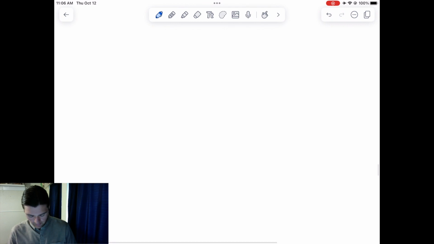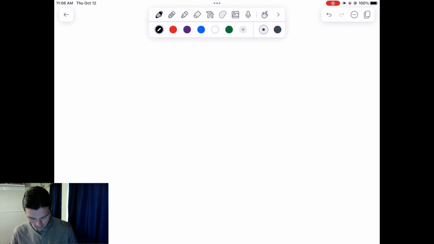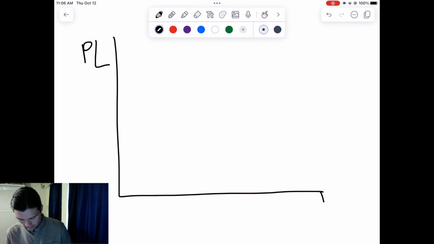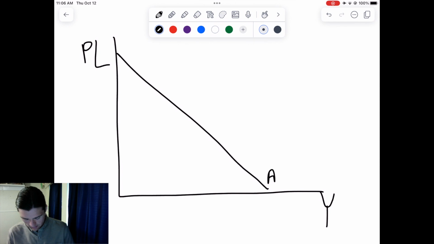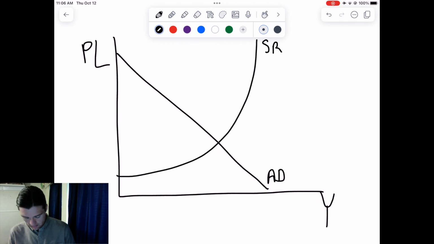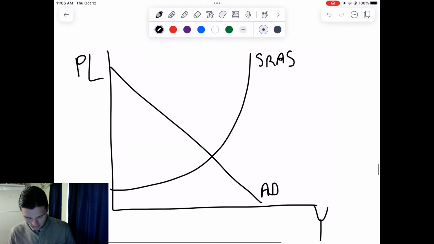You want to have price level, you have your economy here. You need an aggregate demand curve, you need a short run aggregate supply curve, and then you need a long run aggregate supply curve.